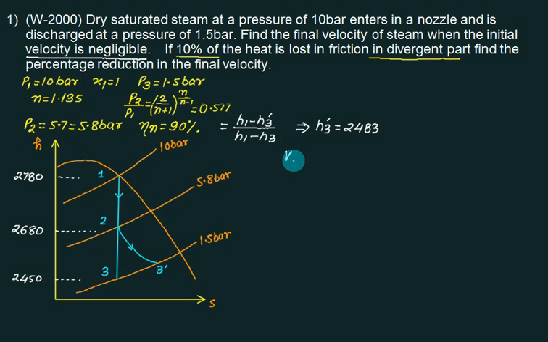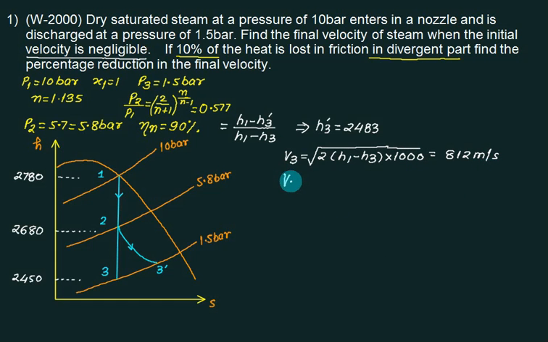Then V3 for the ideal case is, you have to compare two values, one with the ideal and one with the friction, under root of 2 times (H1 minus H3), which gives 812 meter per second.